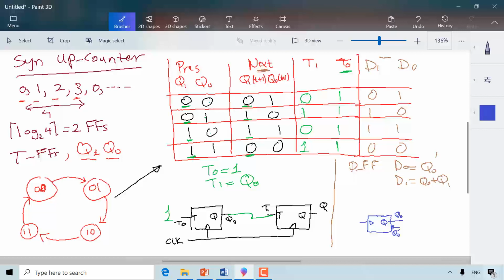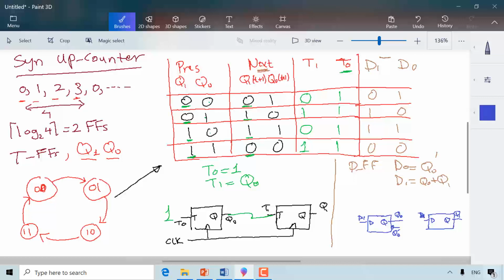And this is my D0. Now let's draw the second one. So this is the second D flip-flop, D and Q. This is D1, and this is Q1.